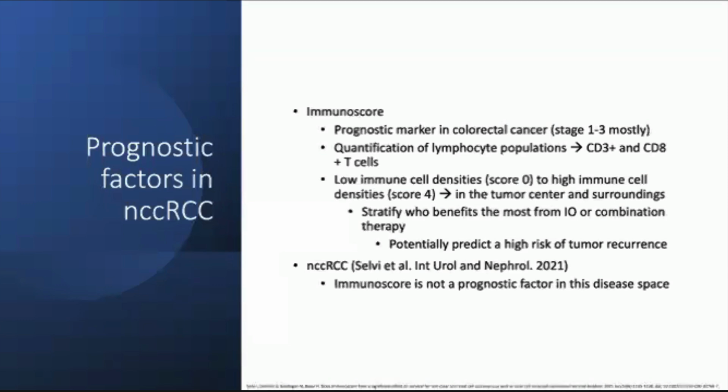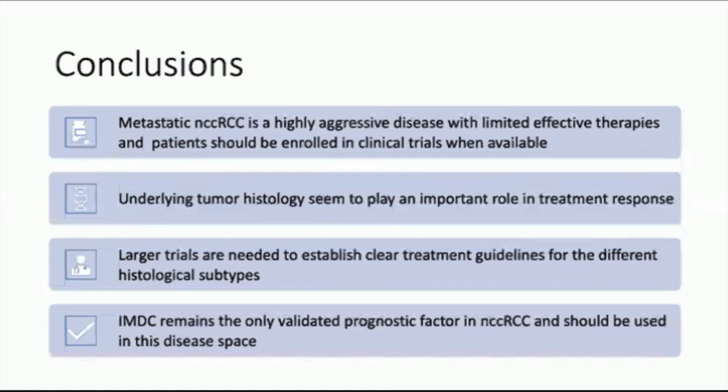Based on the immunoscore, patients are stratified based on the likelihood that they will respond to immunotherapy or combination therapy. This was actually investigated in 2021 by Selvi and colleagues in the non-clear cell RCC disease space, but it was not found to be a prognostic factor for those patients in metastatic NCC-RCC.